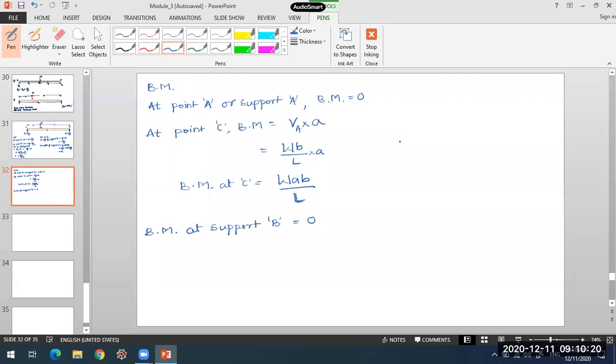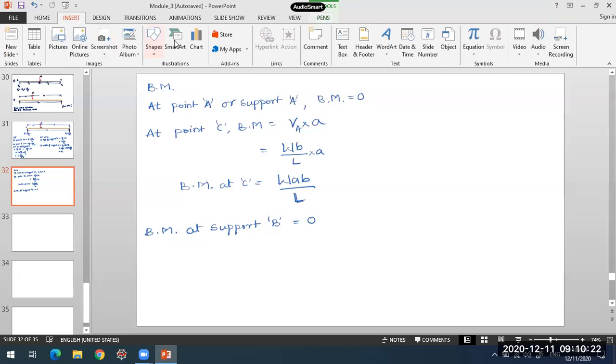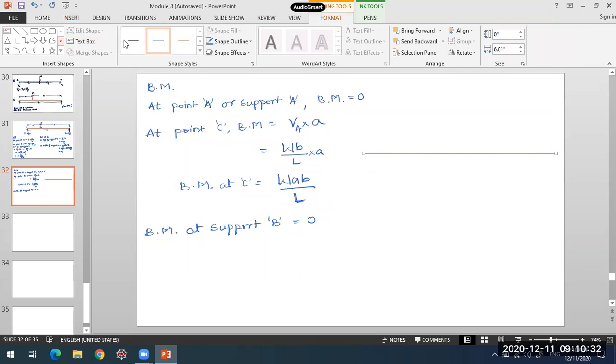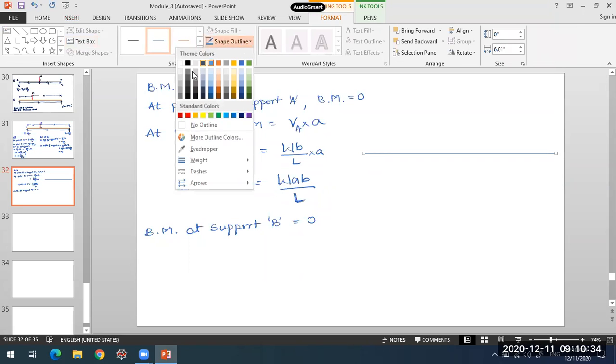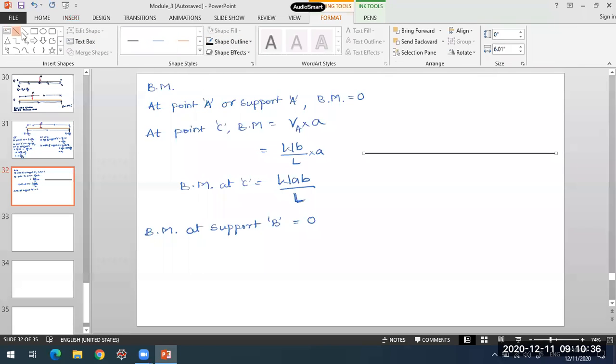Now, how will the shear force and bending moment variation be? So we'll plot the shear force and bending moment diagrams over here. So this is the beam we have. And this one is for bending moment.